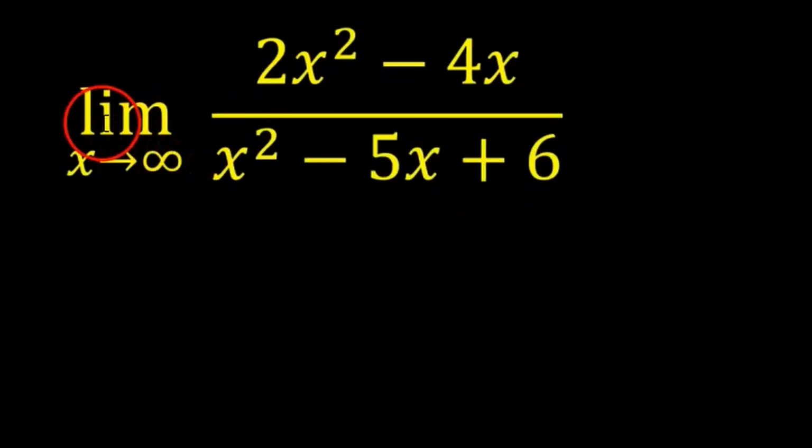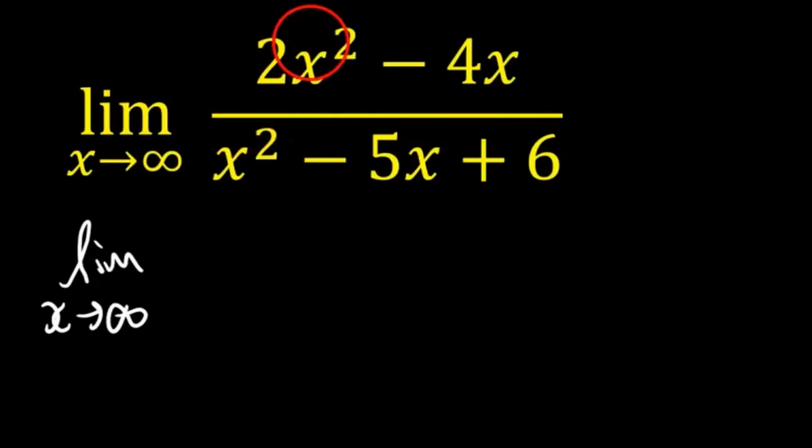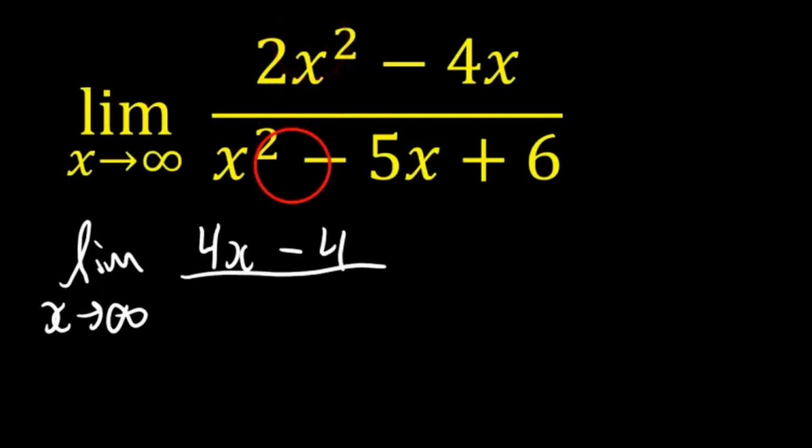So to solve this using L'Hopital's rule, we take the derivative of the top and the bottom separately. The limit as x goes to infinity: the numerator becomes 4x minus 4, divided by the derivative of the denominator, which becomes 2x minus 5. We still have an x and an x here, so we take the derivative again.